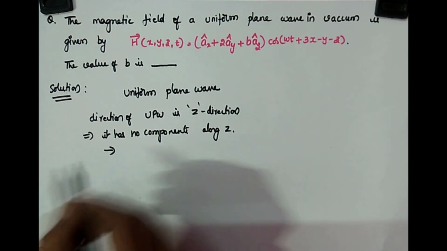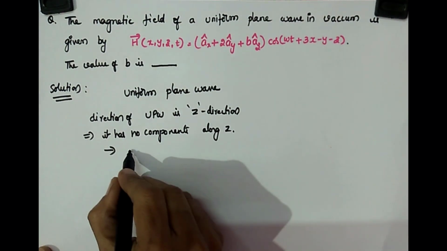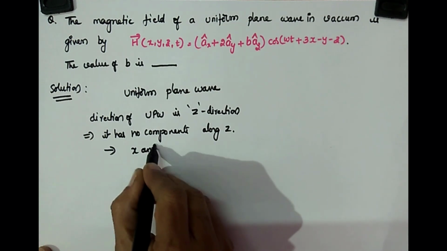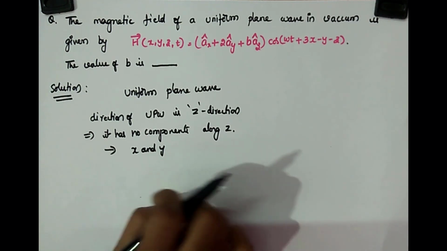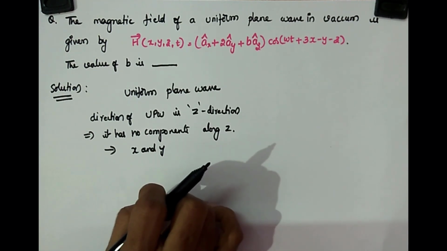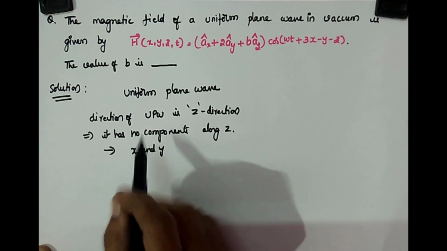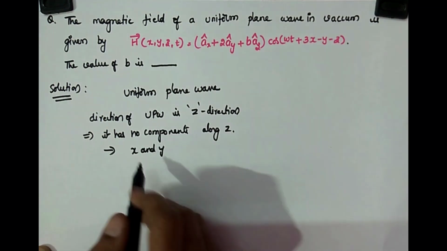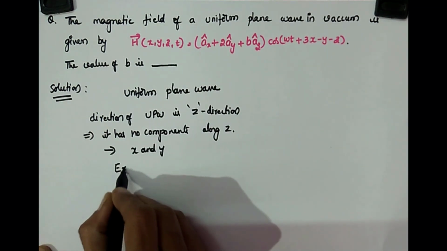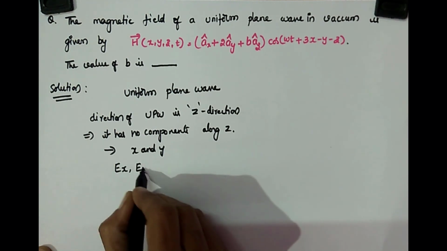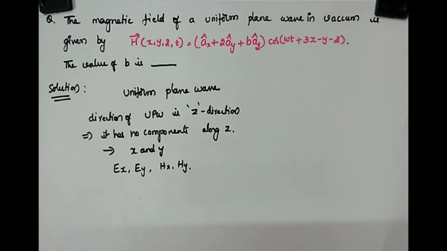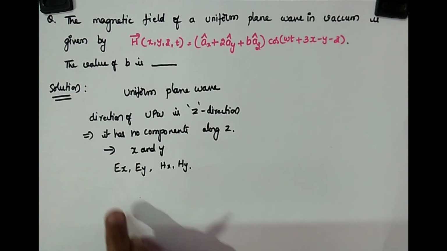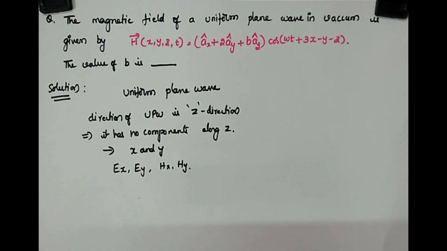Which components exist? It has components only along x and y. What are the components? Magnetic field component and electric field component. So if the uniform plane wave is traveling along the z direction, it has components like Ex, Ey, Hx, Hy, and based on some conditions, even among these four, some exist and some may not exist.